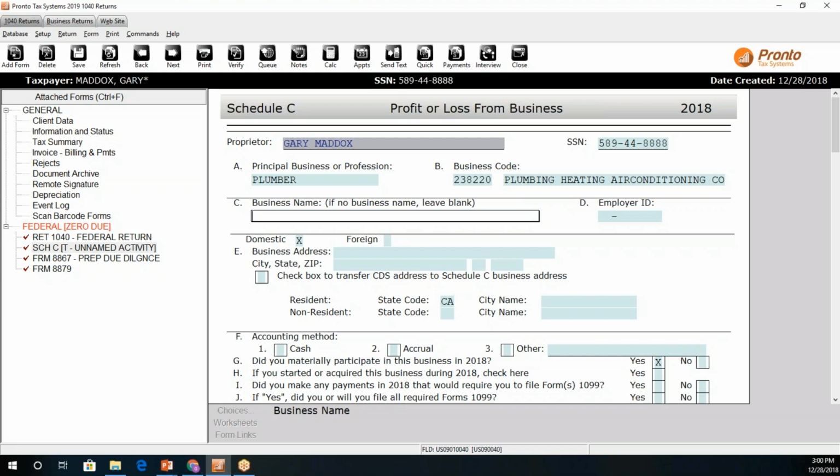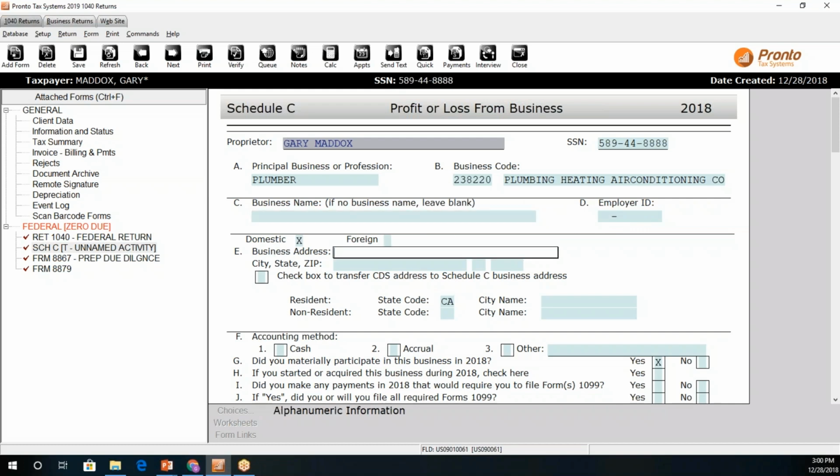He doesn't have a business name. It's just Gary Maddox. He doesn't have an employer ID. He just uses his social security number. He's in the United States. He doesn't have a business address as such. It's just his home. Okay. And he is from California, and he's from Westminster.